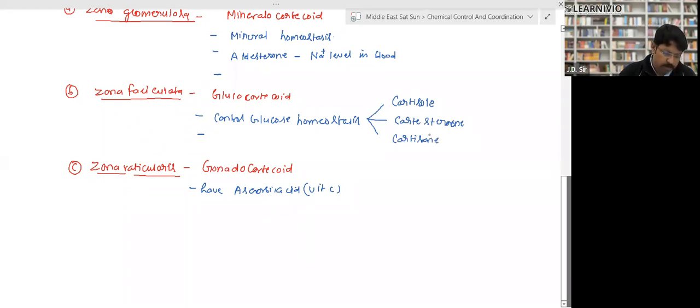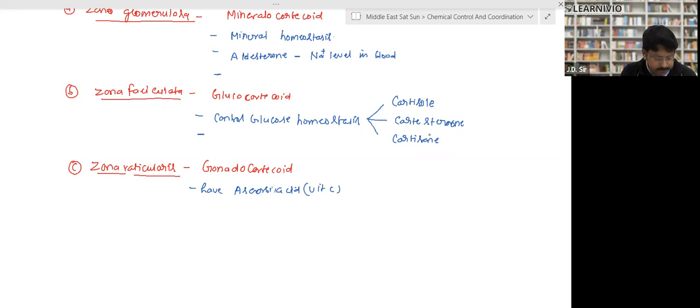Let's stop. Out of them, cortisol is most abundant.